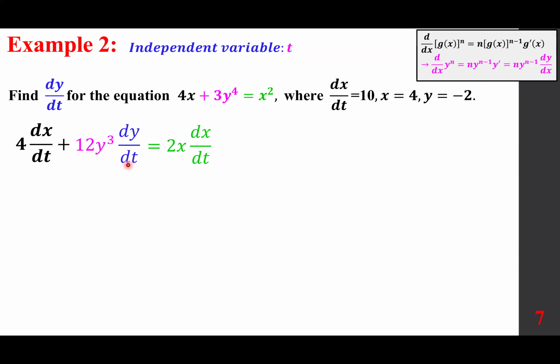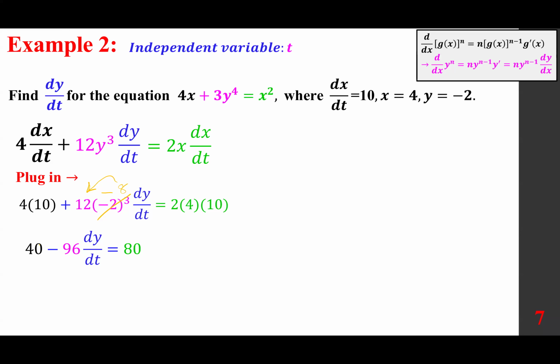So first, it's easy, just plug in. 4 times dx/dt is 10, plus 12 times y, which is -2, cubed, dy/dt is missing, equals 2 times x, which is 4, times dx/dt, which is 10. So plug in. That's one way to do it. 2 times 4 times 10, this is 80. 4 times 10 is 40. This one, minus 8 times 12 is minus 96.